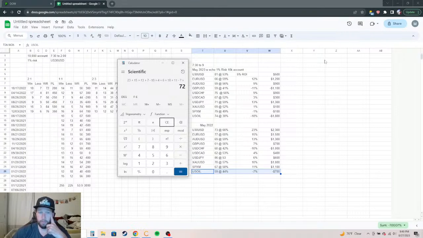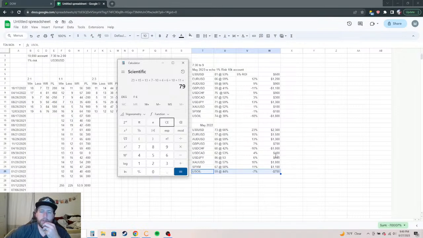So this month, I'm going to redo that. I made a fat finger. That seems way too high. 23 plus 15 plus 13 plus 7 minus 10 plus 4 plus 6 plus 10 plus 11. Wow, 79.